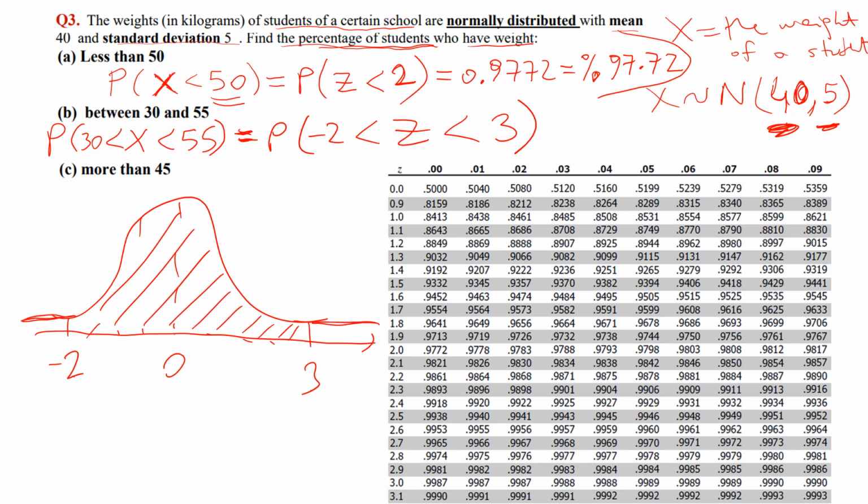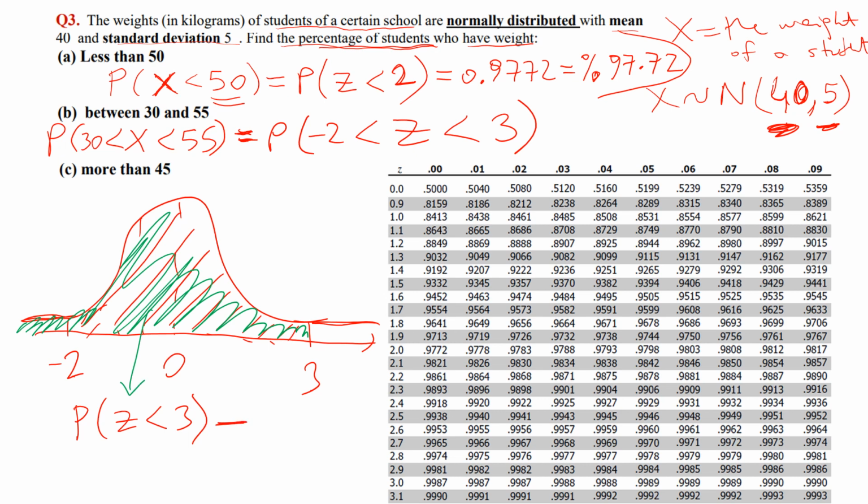Now, how can we get this one? Again, I will use z less than 3, which is just the green part here, minus the navy blue part, which is this one.